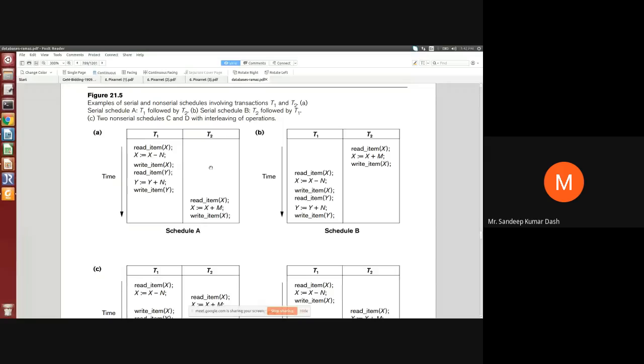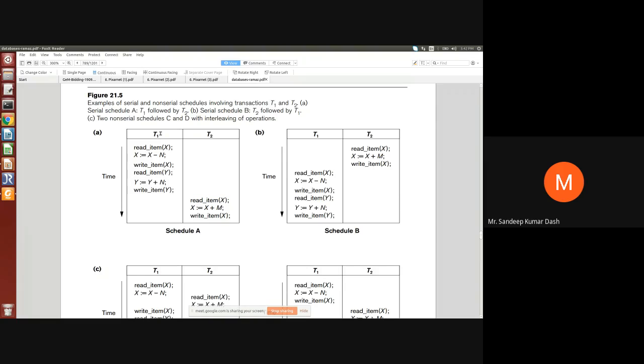Why? Because here it is read item X, and now there is a write item X here. So read and write will have an edge. Similarly, write and read will have an edge. Fine.